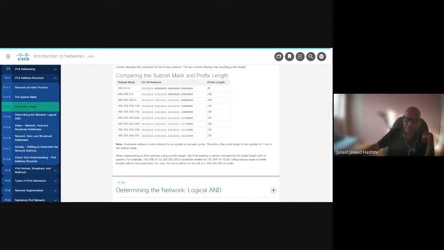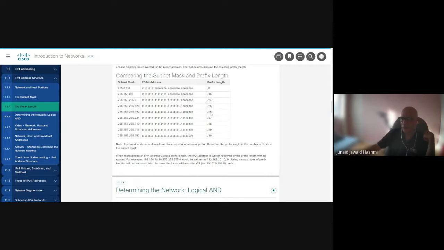So that means the first octet is part of the network, the rest belong to the host. 16 is a class B IP address: the first two octets belong to the network, and the last two belong to the host.